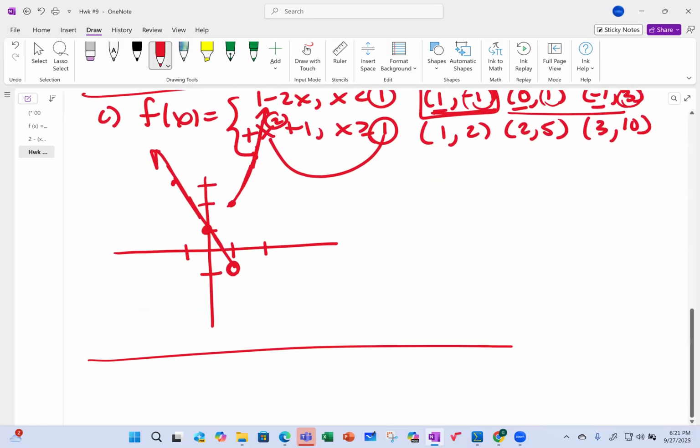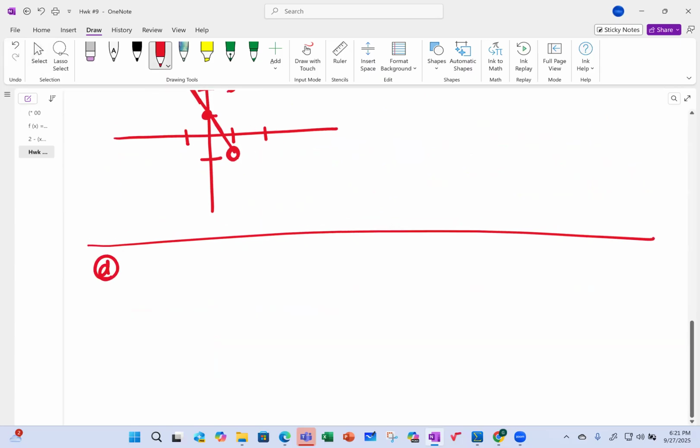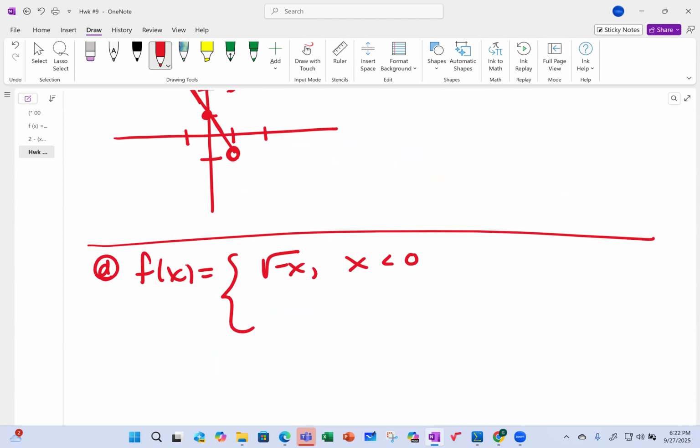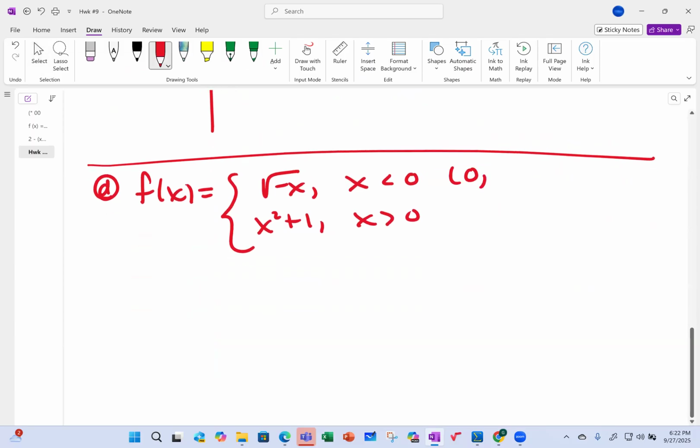Next up is D. F of x, a little different, equals the piecewise function, the square root of negative x for x less than 0, and it equals x squared plus 1 for x greater than 0. All right. So I'm going to pick 0 and substitute that in, and the square root of 0 is 0.